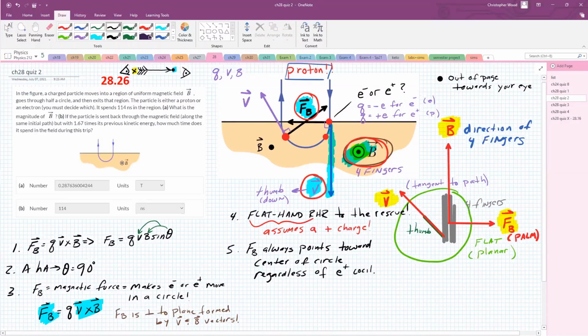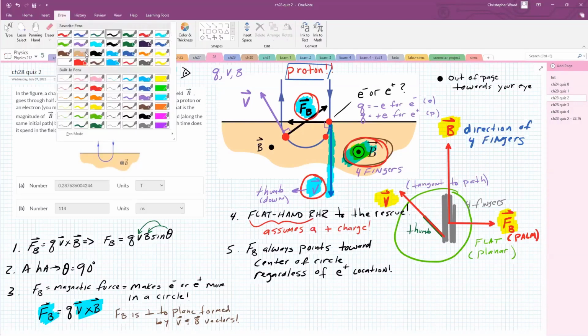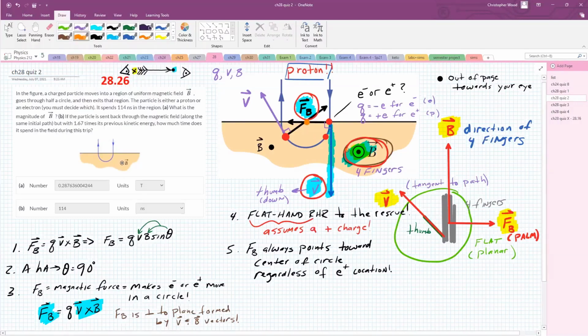This proton could be anywhere on that semicircular path, and it's always going to be experiencing a force trying to shove it toward the center of the circle, which is right here. Here's the center of the circle right here. And so it's a centripetal force, which is why I started off with the magnetic force makes the proton move in a circle. And now you know why.